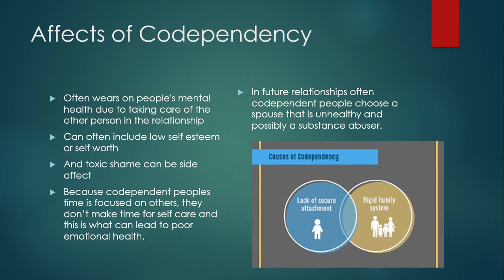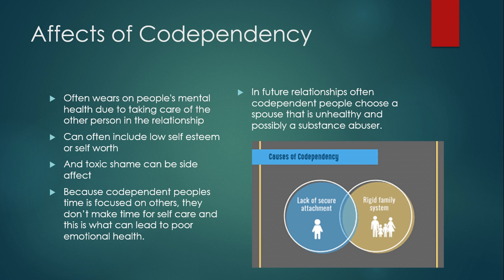So, the effects of codependency: it wears on people's mental health, because going back to that wife or child taking care of a parent or something like that, people often have low self-esteem or low self-worth. They'll have toxic shame, not just your normal shame, and that can be a side effect of this.